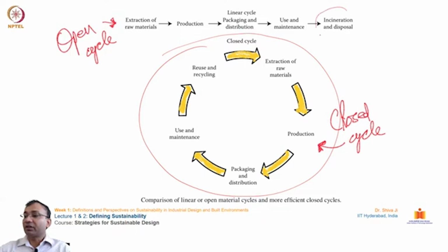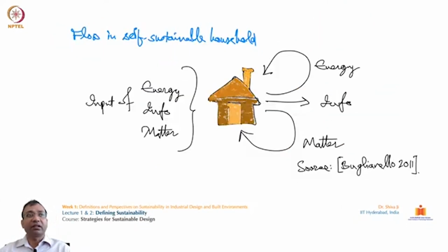Because in the first one, a lot of resources come out as a byproduct, as permanent waste. That is very hazardous for the ecosystem, and it certainly causes exhaustion of the already limited resources available on this planet. In today's sustainability studies, this closed loop cycle is the preferred one, where we must close the cycle. We will discuss more in detail in the coming slides.